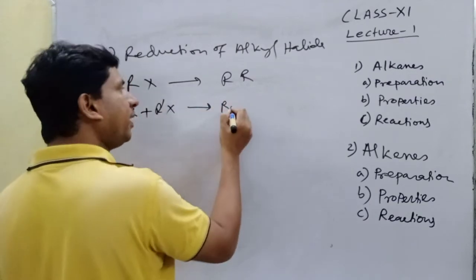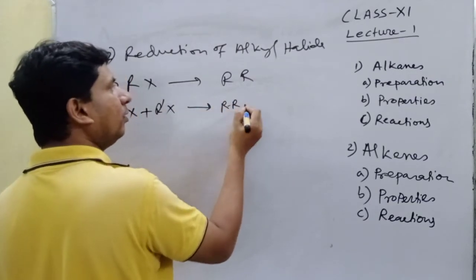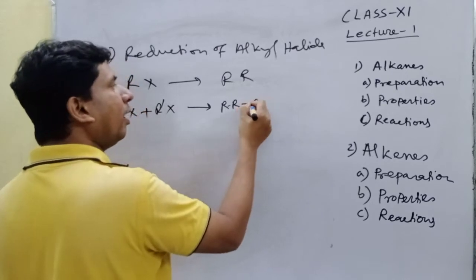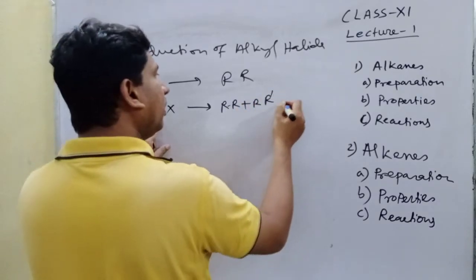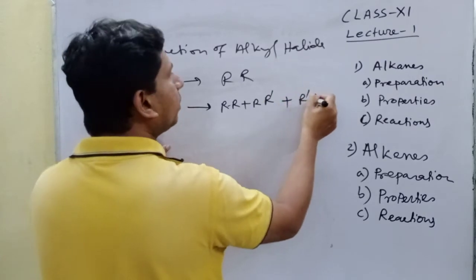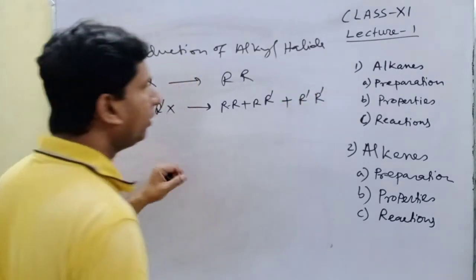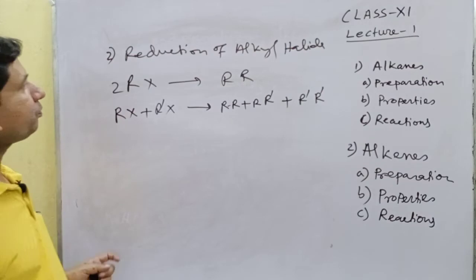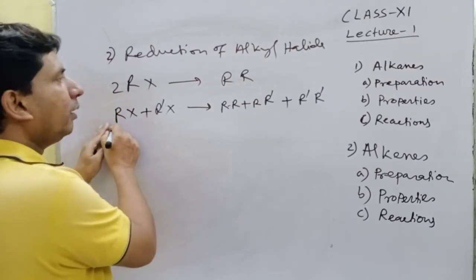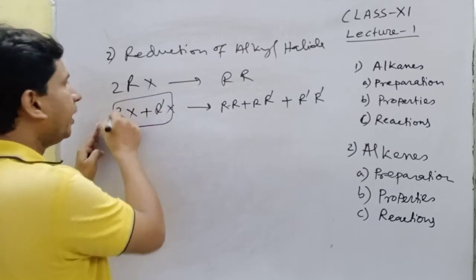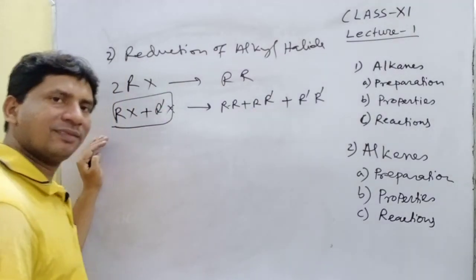That means it may be R-R, it may be R-R dash, it may be R dash-R dash. Okay. So there is no guarantee it will give R-R dash.